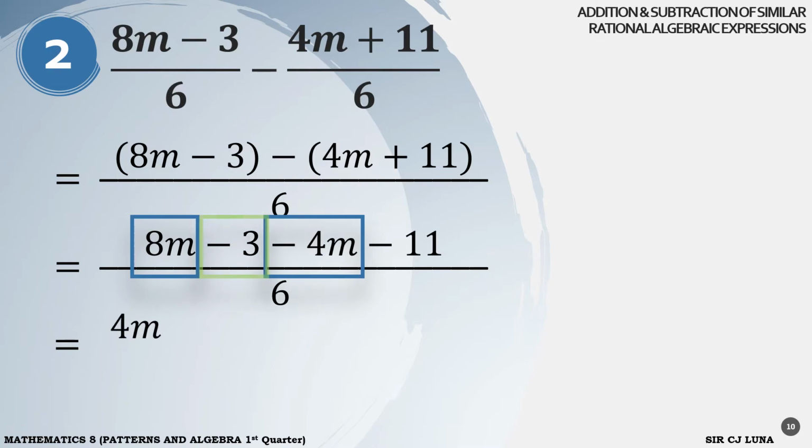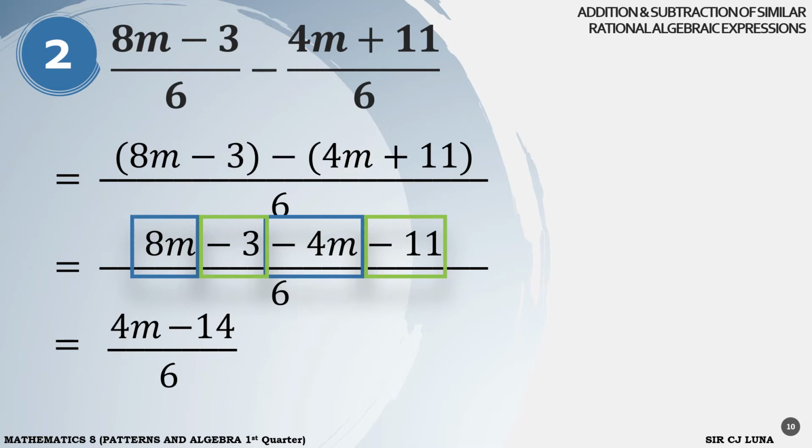And then we have negative 3 minus 11, that is negative 14, all over 6. But this is not yet our final answer because we can still simplify our numerator.